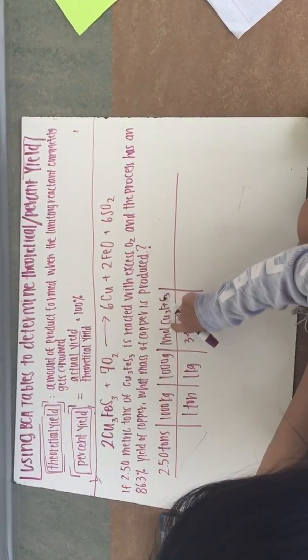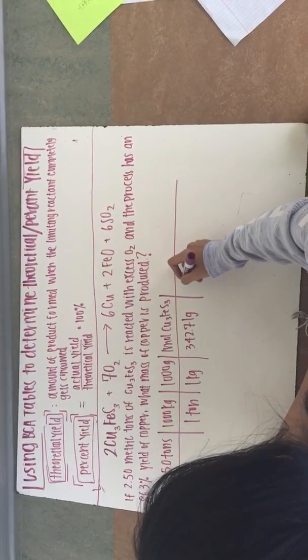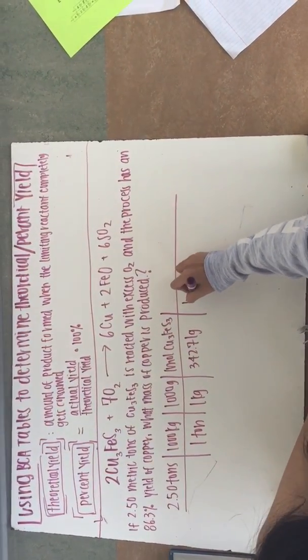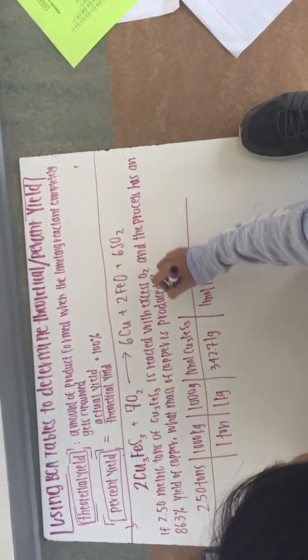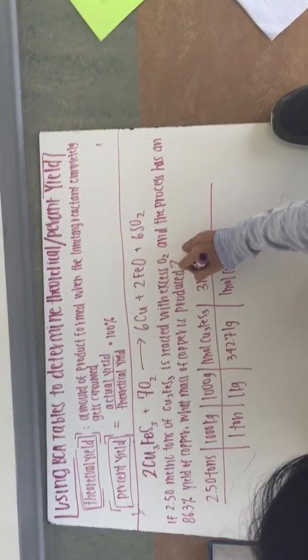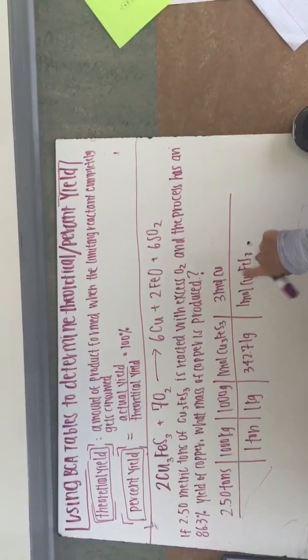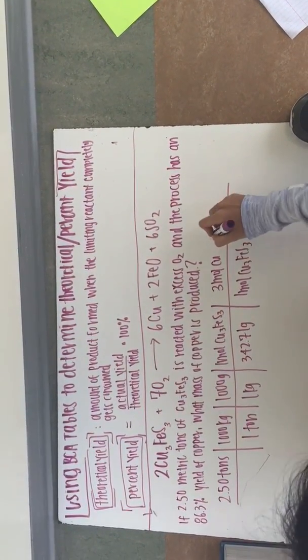That's the molar mass of this, and then in 1 mole of Cu3FeS3 there are 3 moles of Cu because of the 3 in the subscript.